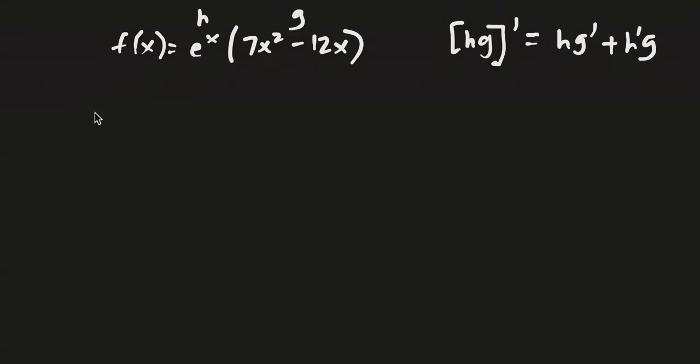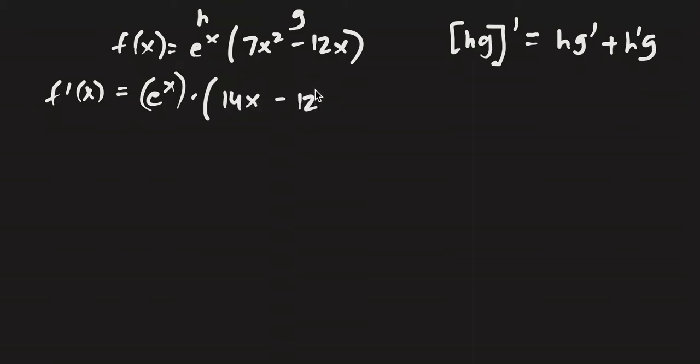So let's try to solve this now. f prime of x equals h times g prime, so this is just going to be e to the x times the derivative of 7x squared minus 12x, which is just 14x minus 12. The reason why is because you're taking this 2 and bringing it down, multiplying by 7, becoming 14x, minus the 12.